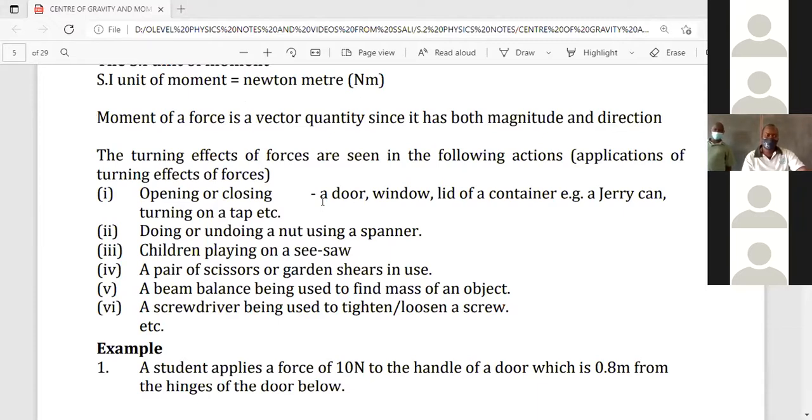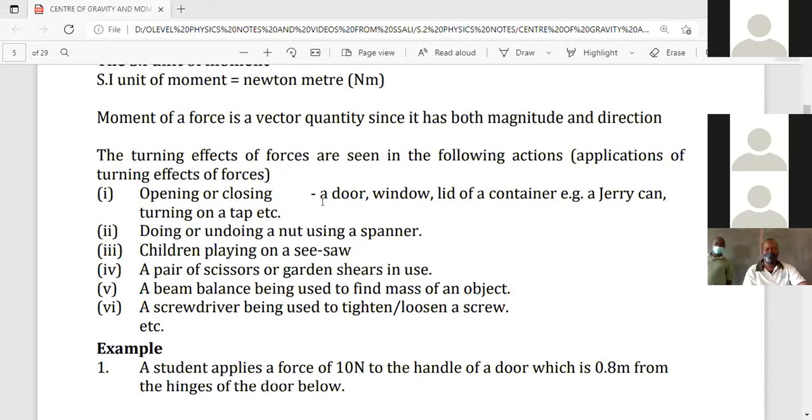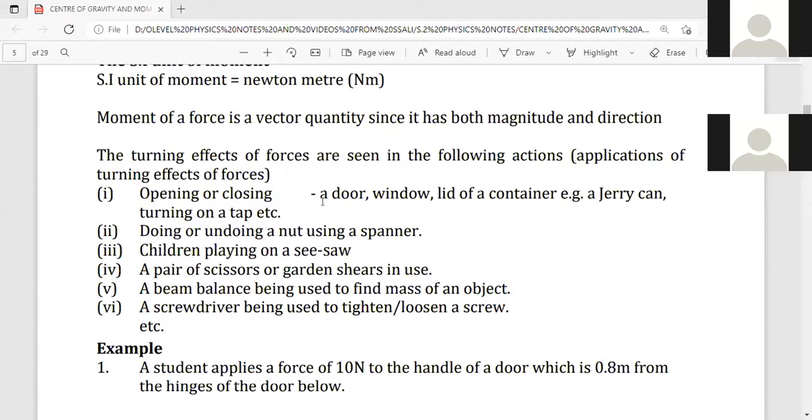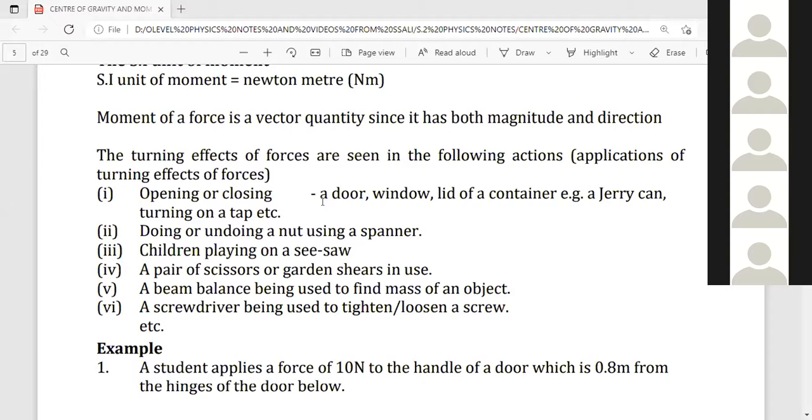The turning effects of forces are seen in the following actions, or these can be called applications of turning effects of forces. 1, opening or closing a door, window, a lid of a container, for example a jerry can, and turning of a tap. 2, doing or undoing a nut using a spanner. 3, children playing on a seesaw. 4, a pair of scissors or garden shears in use. 5, a beam balance being used to find mass of an object. And 6, a screwdriver being used to tighten or loosen a screw.